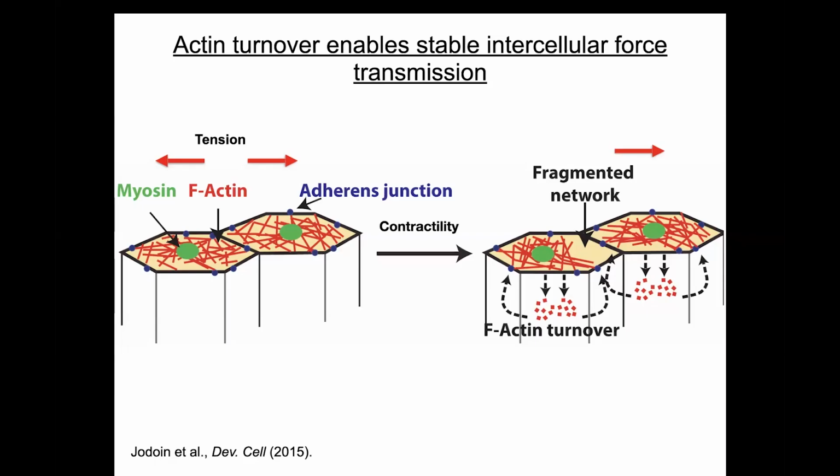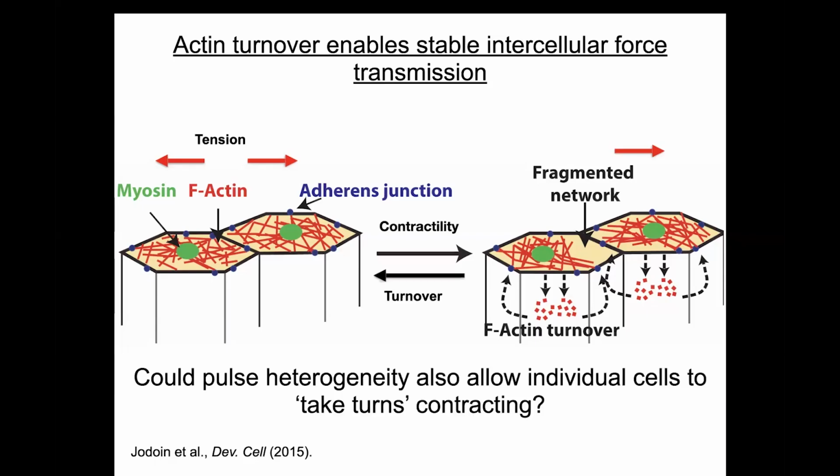Okay, one question I think is interesting, and I want to throw it out there in case anyone's interested, is, the cells are contracting in a staggered fashion with each other. And I think one interesting question is, can this heterogeneity allow individual cells to take turns contracting? You might think if they all try to contract at once, maybe they just fight against each other and are unable to constrict.